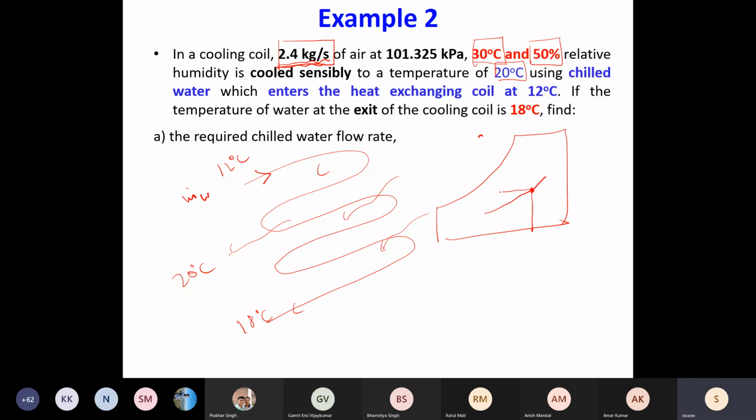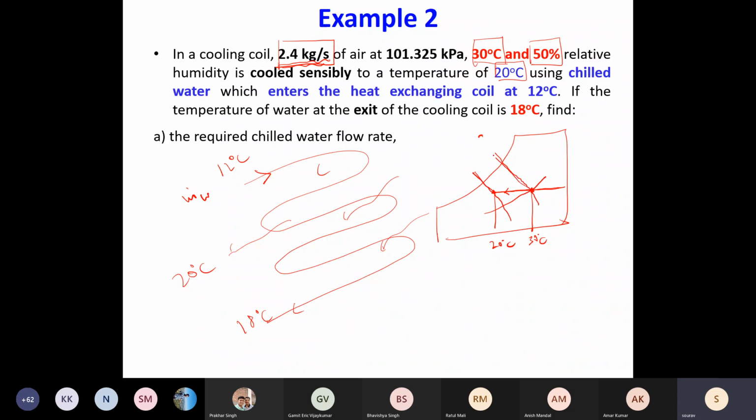It sensibly cools to 20 degrees C. You read the enthalpy at these states. This is the omega 1 equals omega 2 line. If you use your psychrometry chart, you will see a lot of calculations are not even required. You just have to plot the process on the chart and you straight away get the data from the chart.